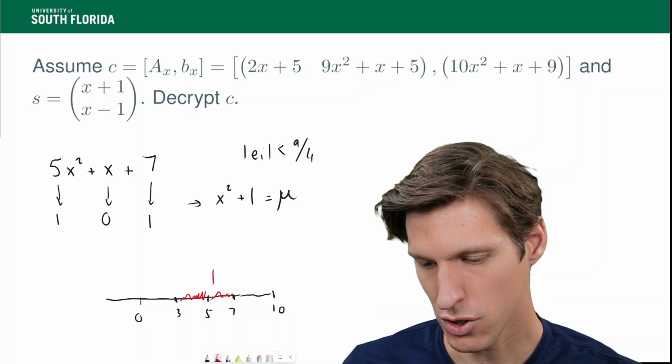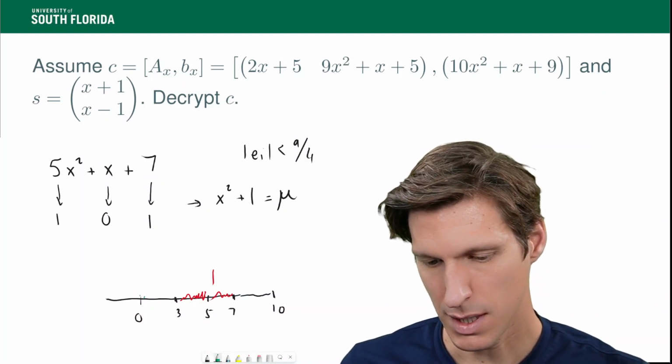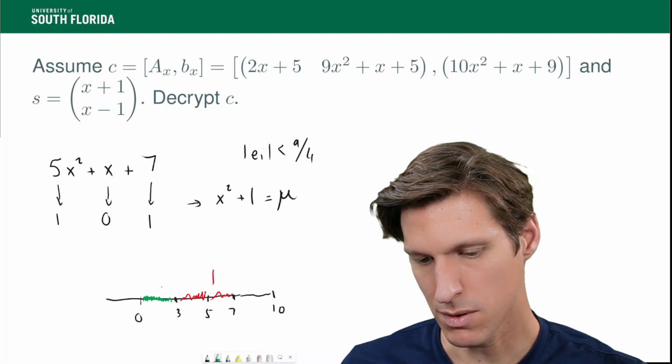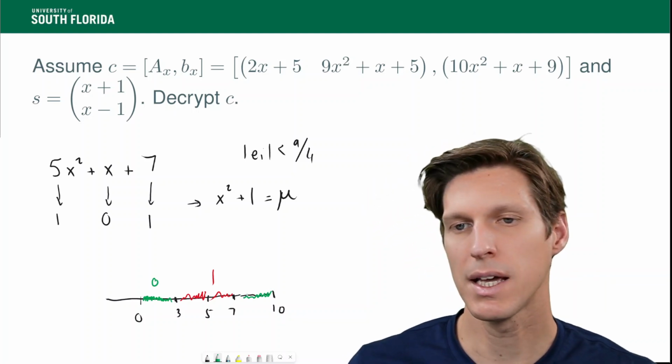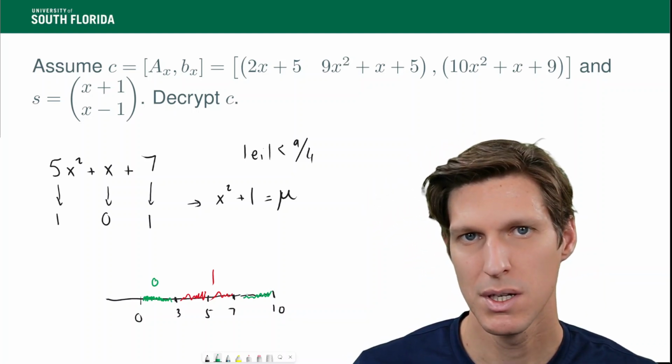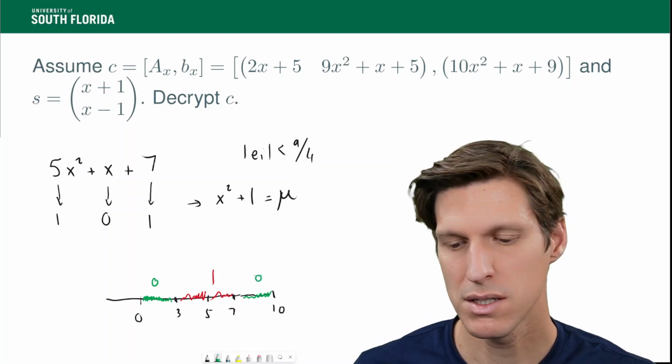And if you have a 0, let me just change the color here. This is a 0. But also, when you mod the small negative values by 11, you will wind up in this region. That's the only subtlety.